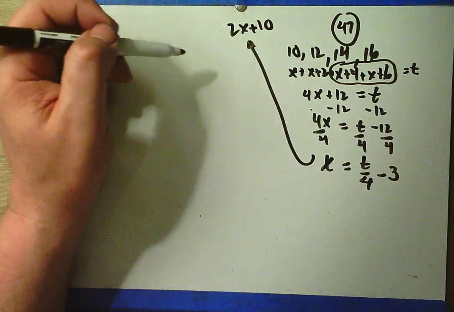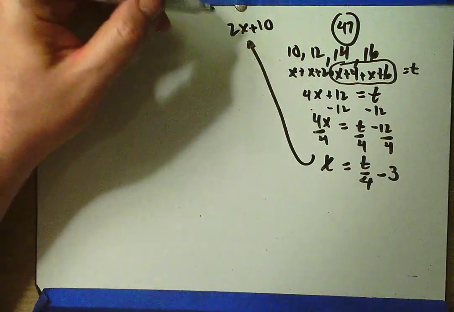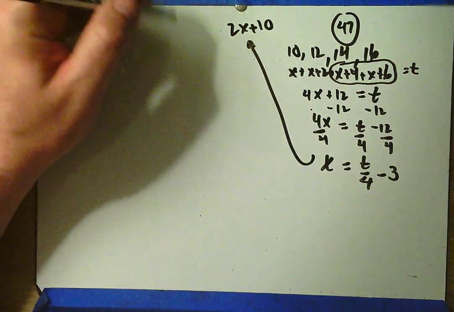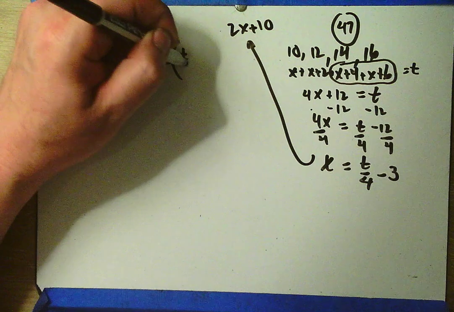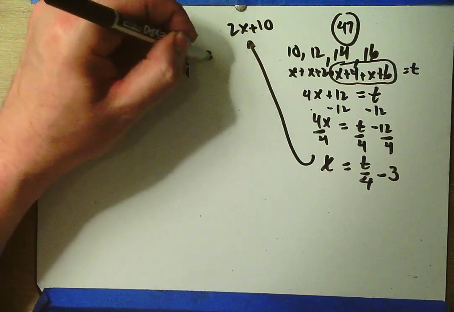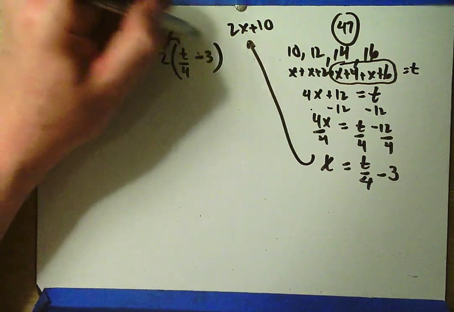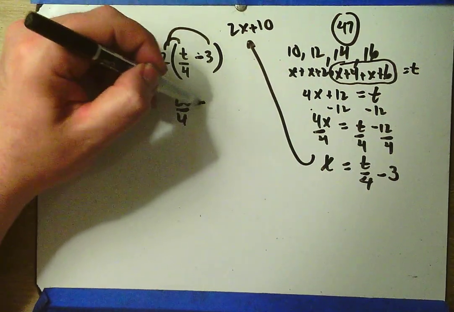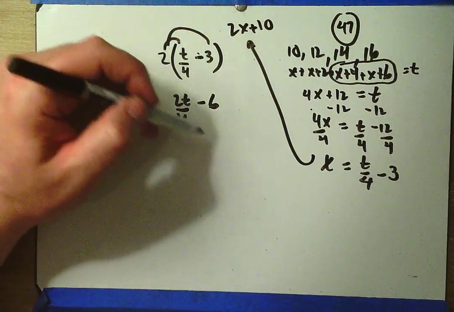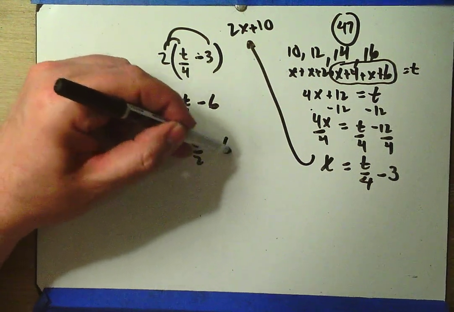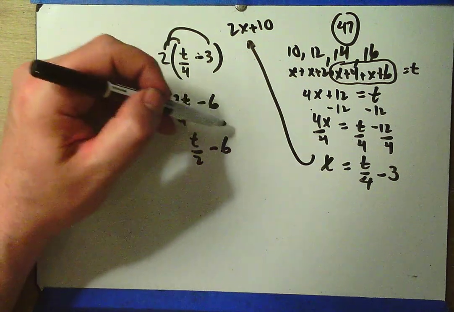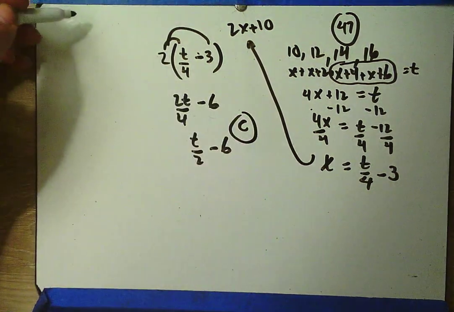And then I'll put this into this expression that represents the sum of the two largest consecutive even integers. 2 times t over 4 minus 3. Don't forget to distribute and get 2t over 4 minus 6, or t over 2 minus 6. And this corresponds to choice C. C for number 47.